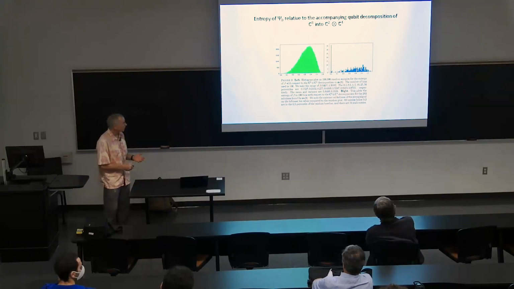And then we did the same experiment in C8. And I didn't mention this in the earlier slides, but many of our minima for 8 factored as 2 times 4 rather than 2 times 2 times 2.